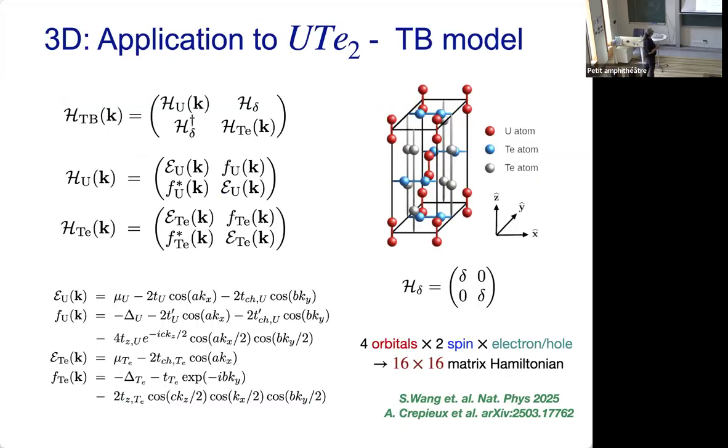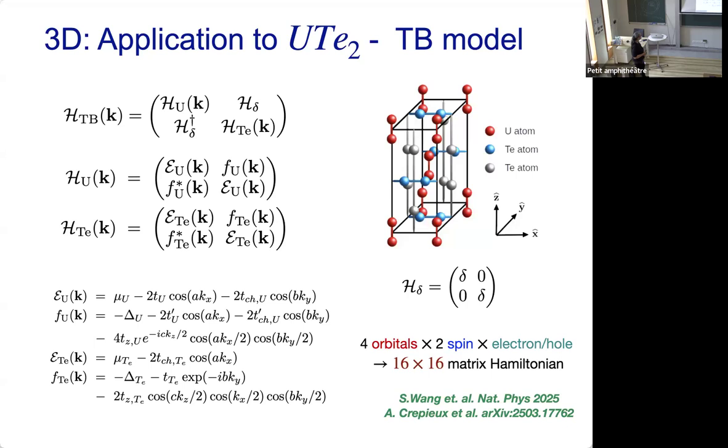Okay, just a few words about the model, though I'm not going to tell you too much about it. You have, again, the uranium and the tellurium tight-binding Hamiltonians, and the hybridization term, which is phenomenological. You have terms which describe on-site hopping, intraorbital and interorbital hopping.